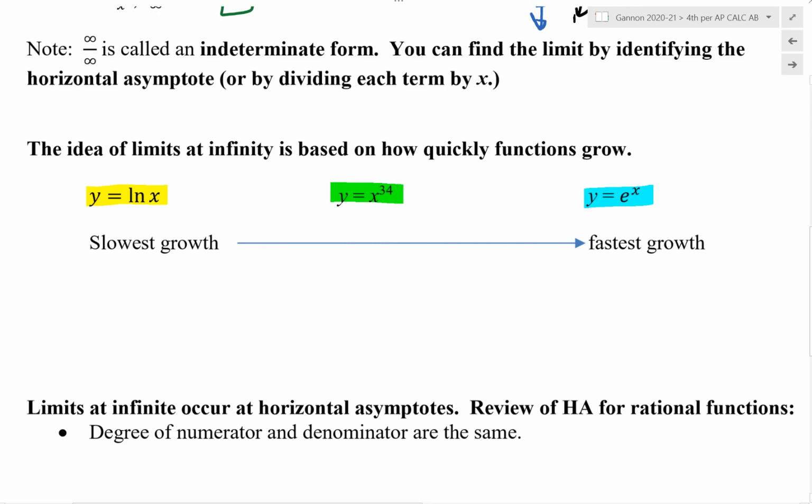In terms of growth rates, the slowest growth is the logarithmic function. In the middle are the polynomial functions. And the fastest growing functions here are the exponential.